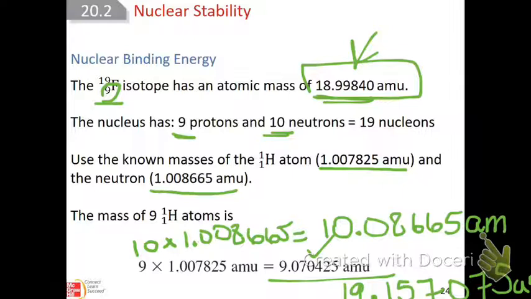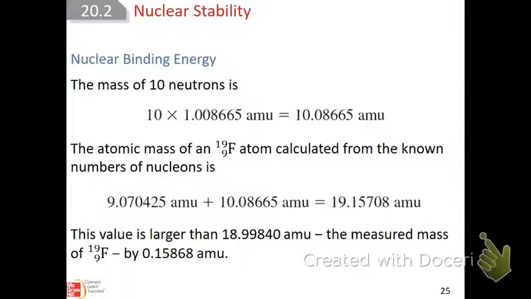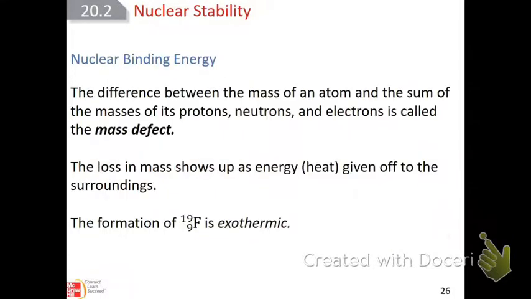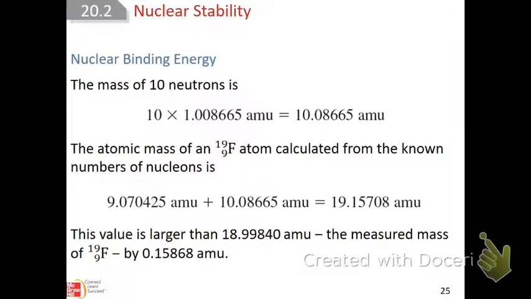The difference between those two is called the mass defect. The difference between what it should be and what it actually is.